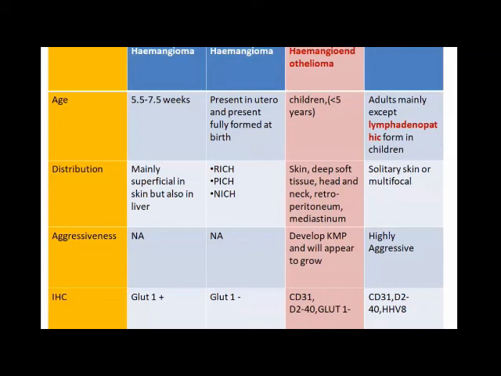And it is also not aggressive. And again, there are three forms: rapidly involuting congenital hemangioma, non-involuting, and partially involuting.